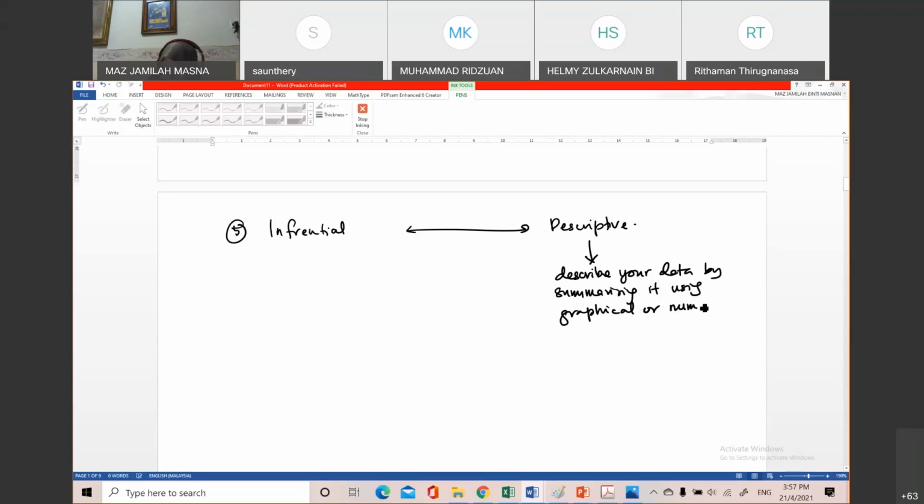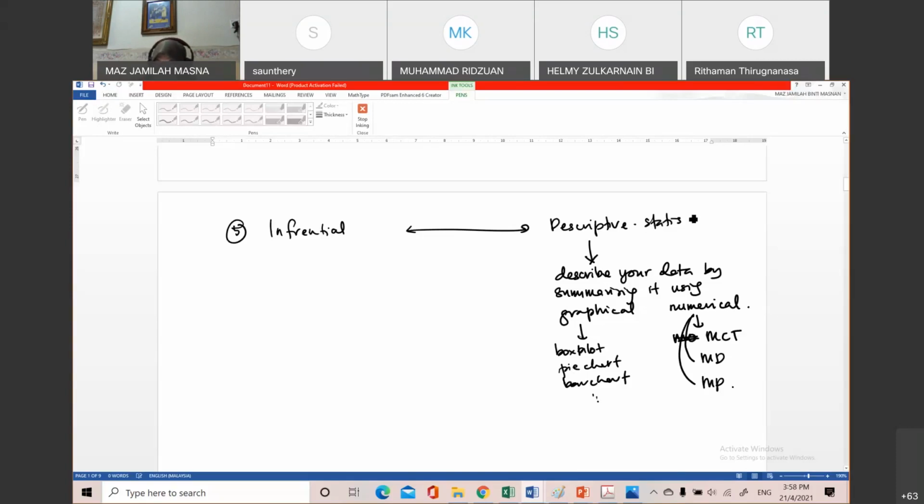Graphical, you have a lot: box plot, pie chart, bar chart, etc. Numerical, you have measure of central tendency, MCT. You have also measure of dispersion. And lastly measure of position. So we are going to look at it simultaneously. Which one comes first? Then we will discuss that one. So that is descriptive statistics.